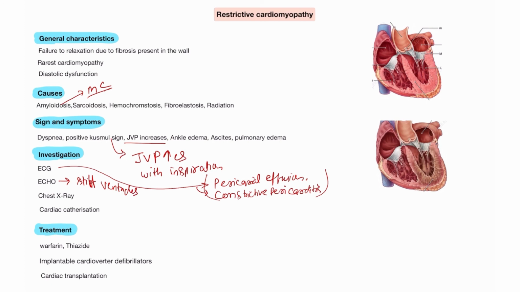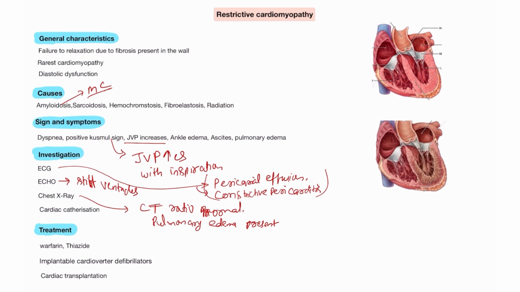In the chest X-ray, you will see the CT ratio is normal, but pulmonary edema is present. Pulmonary edema is present in the chest X-ray.